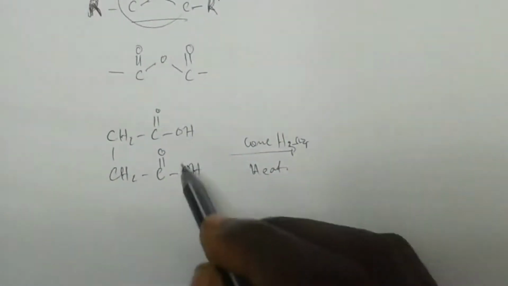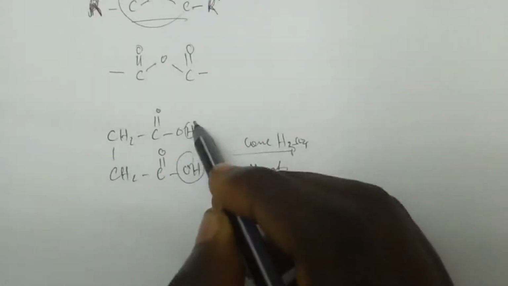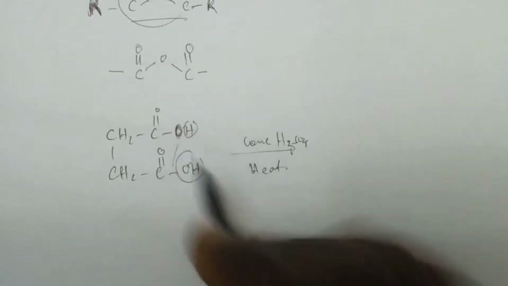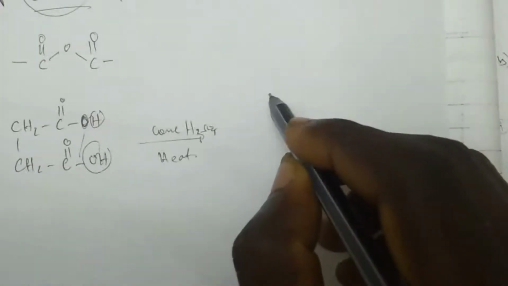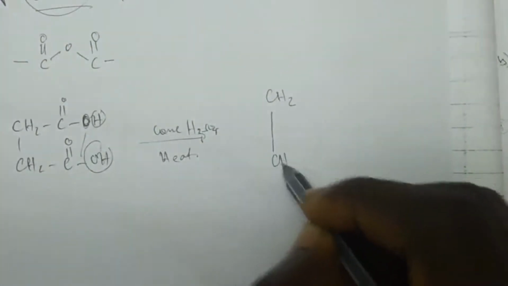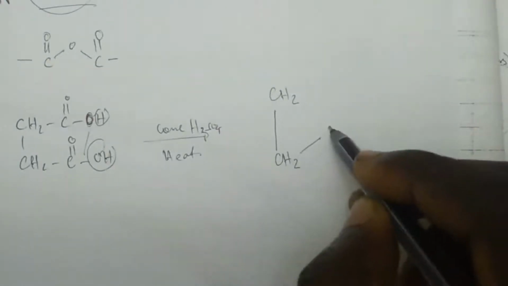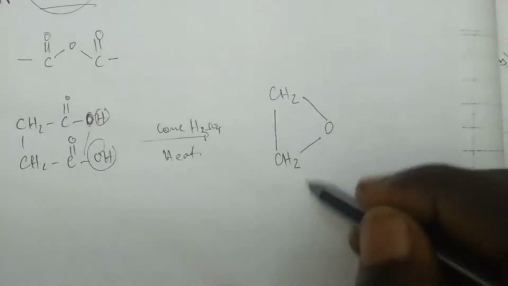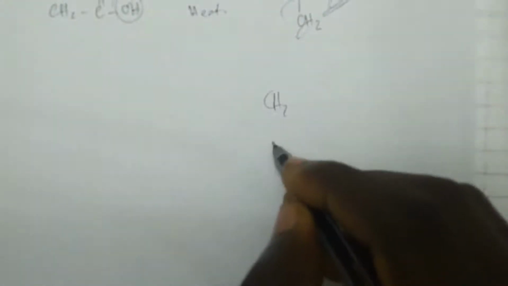Takachokipata ni kwamba hydroxyl hapa atatoka na hydrogen moja, so we'll remain with this oxygen and there will be a bond formed here. So we'll be having CH2 bond CH2, tako tuna bond pale, bond kwa oxygen. Reduce the number of carbon atoms hapo, so it is CH2 then CH2.